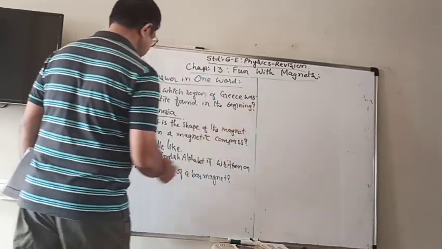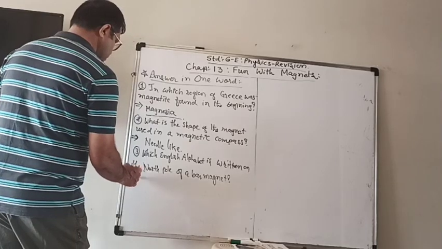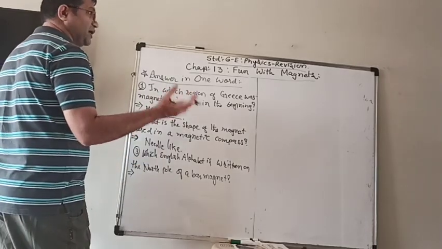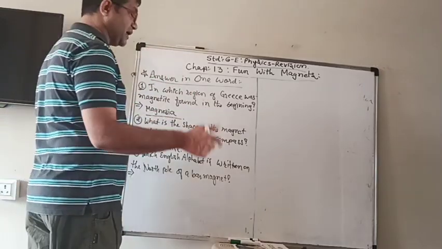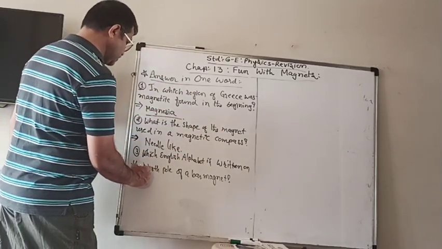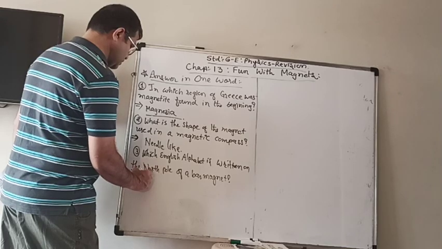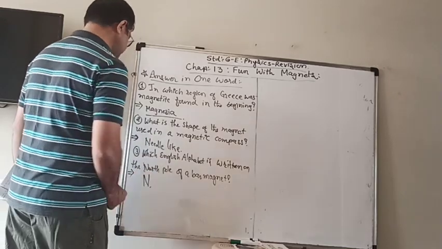We already talked when we learned the blanks that on the north pole N and on the south pole capital S is written. So the answer is N.